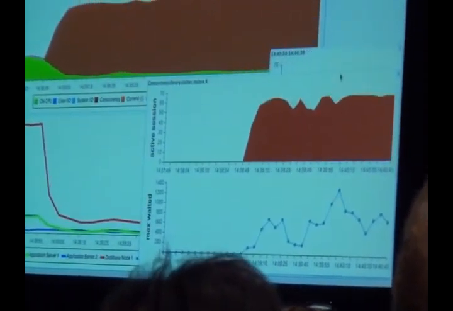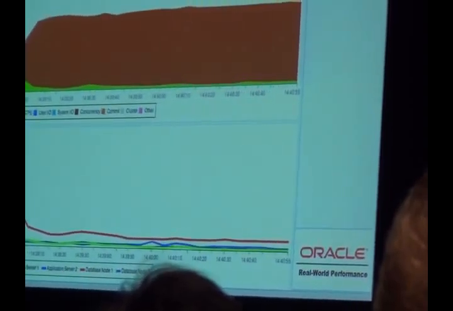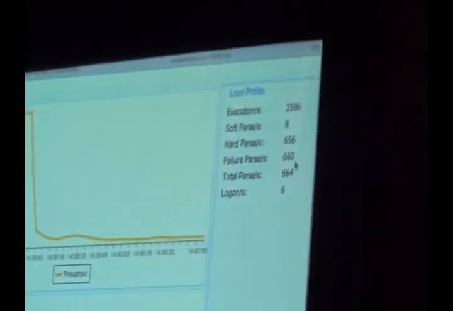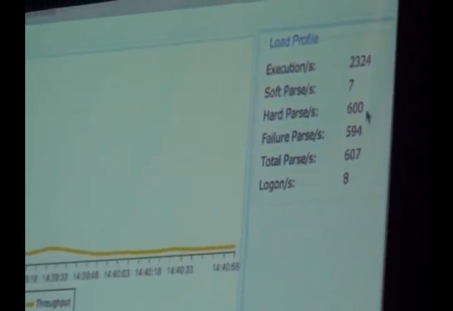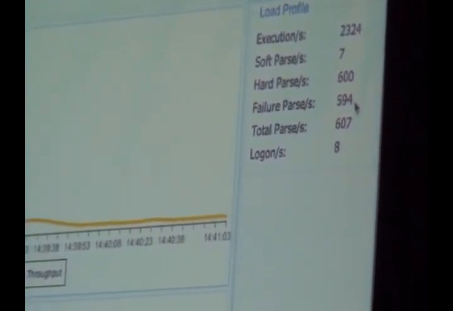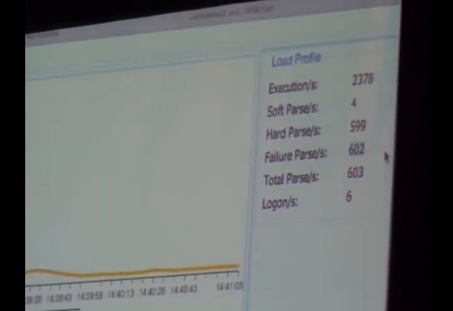If we look up at our load profile again, one thing that we see is that although there's not a lot of soft parses, there's some hard parses, but we actually now have failed parses in the system. So we have an application that has parses that are failing in it. That's SQL that isn't SQL, is it, in the application? Would you like us to find it for you? Yes, please.